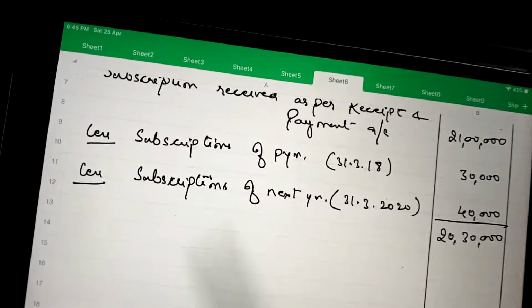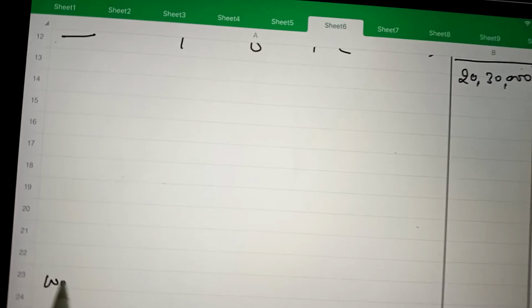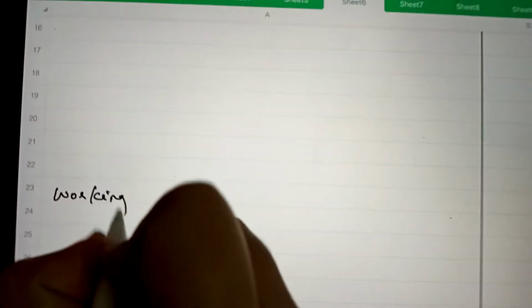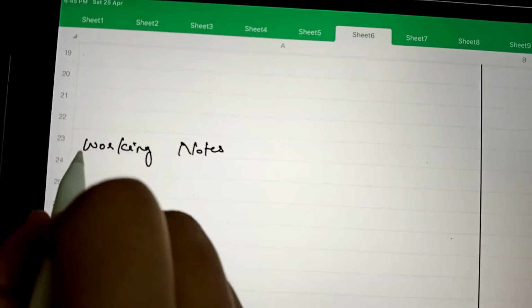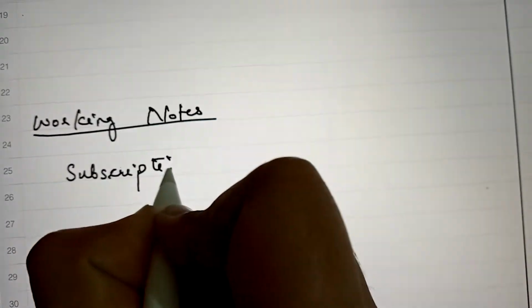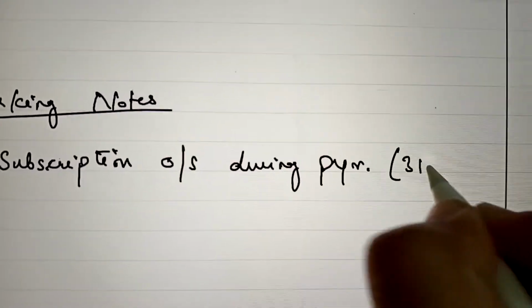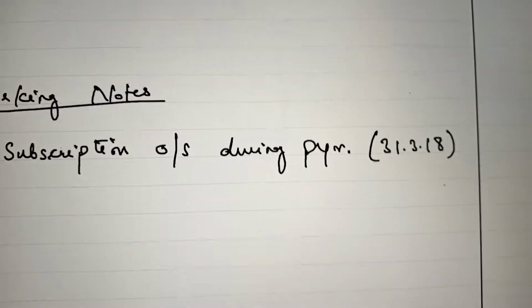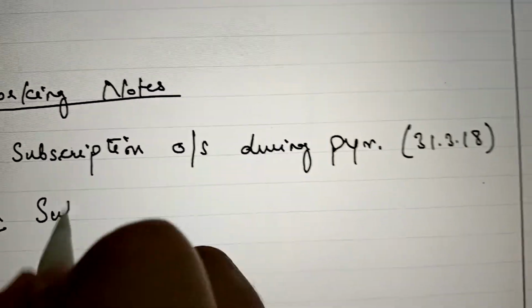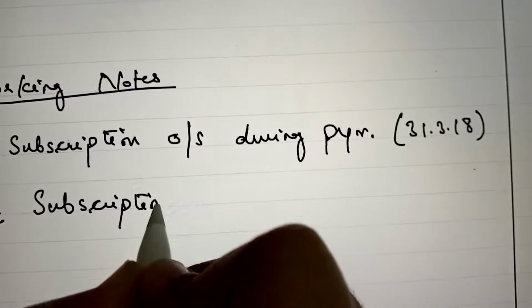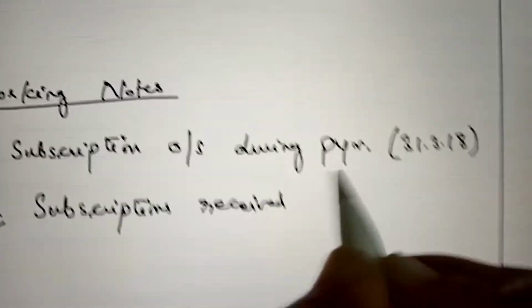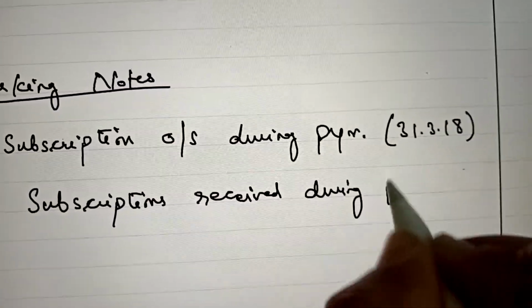First of all you will write subscriptions outstanding during previous year, that is 31st March 2018, and we will deduct from it subscriptions received during previous year.